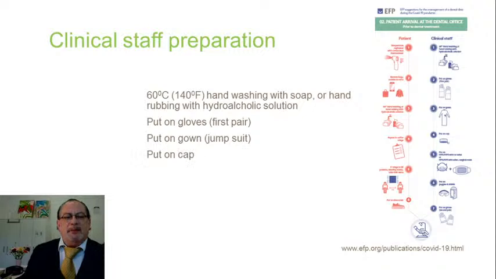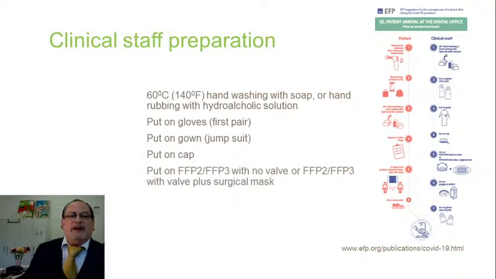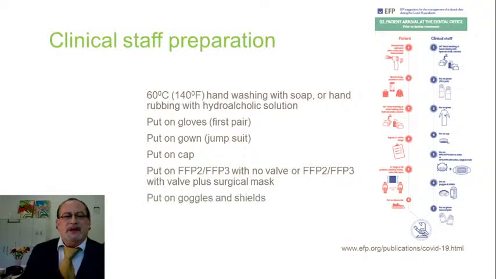Then we put on the cap, and we put on the FFP2 or FFP3 mask without valve, or the FFP2 or 3 with valve, and a surgical mask. Then we put on the goggles and probably the shields, and we put on a second pair of gloves.